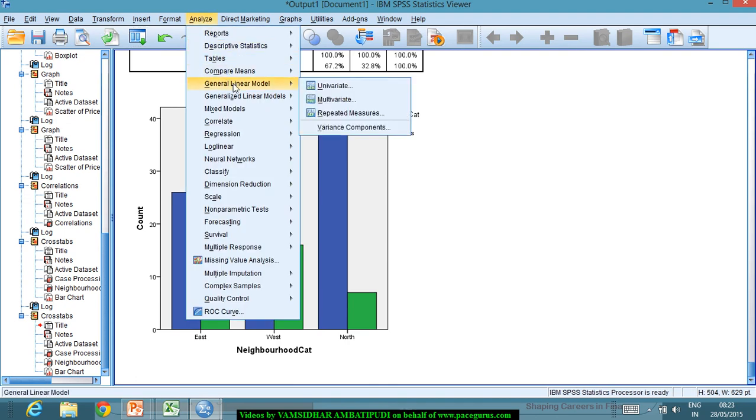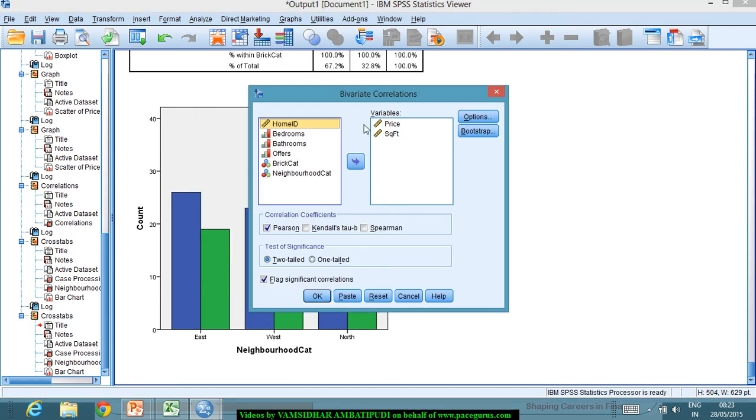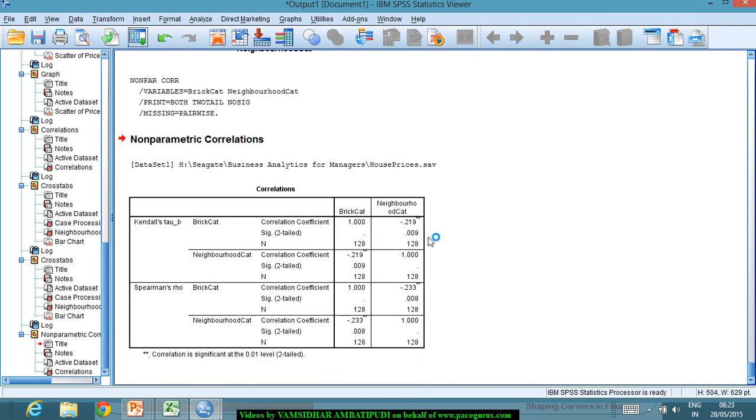So what I can really think of is I can try to use the correlation between the brick category and the neighborhood. But instead of using the Pearson, I'll go with Kendall's tau or the Spearman correlation, Spearman's rho.